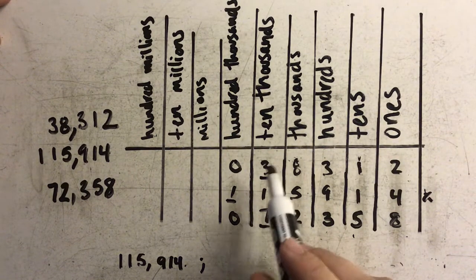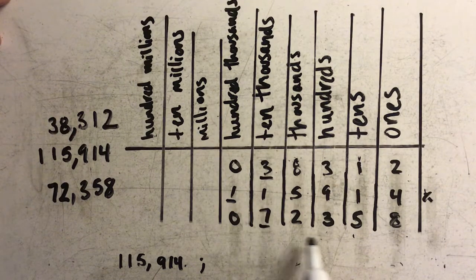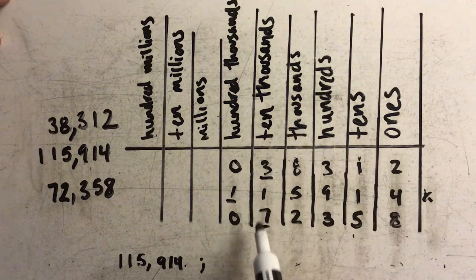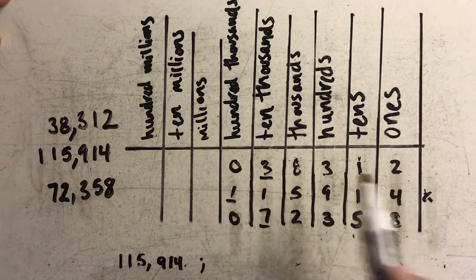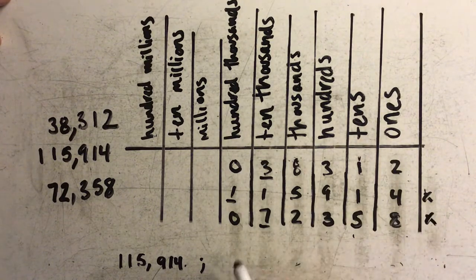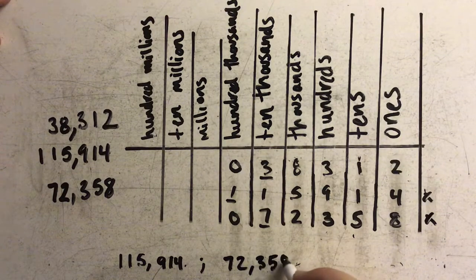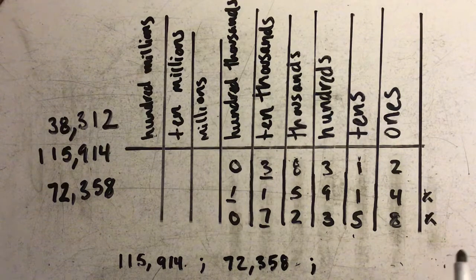I know that 7 is larger than 3, so therefore this entire number must be larger than this number. So this is going to be the next number that I add to my list, 72,358. And again, I want to separate that number very clearly from the other numbers.